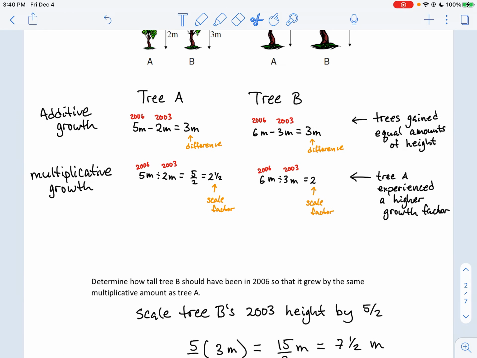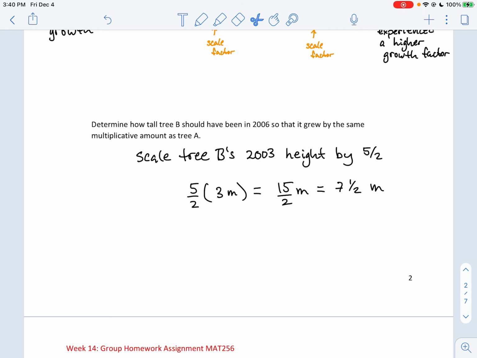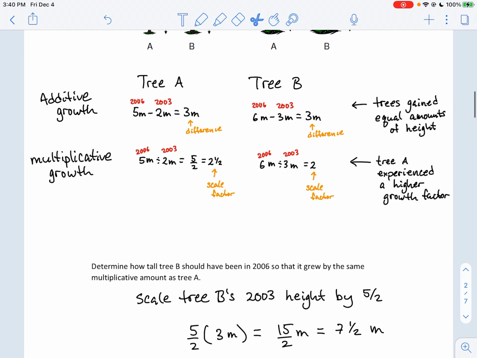And then this next question was, we'll assume tree B grew by the same multiplicative amount. So if the height of tree A in 2003 was multiplied by a scale factor of 2.5 to reach its new height of 5 meters, we'll assume that same scale factor. And so for tree B to experience the same multiplicative growth, it would also have to multiply by 2.5.